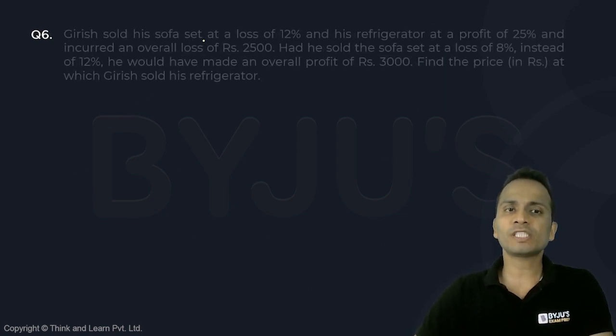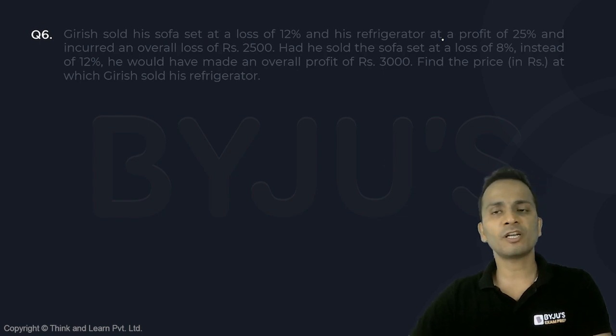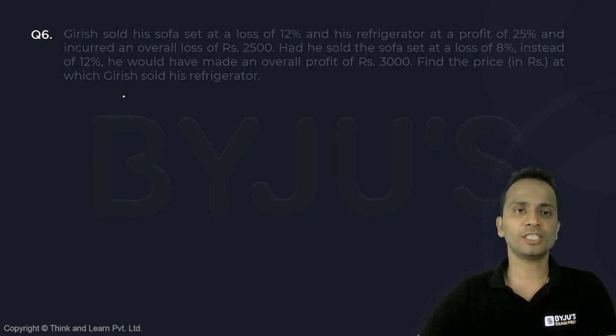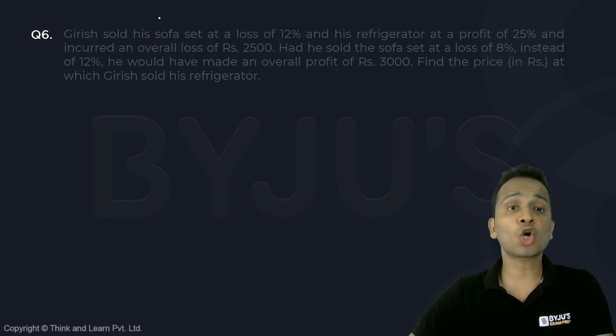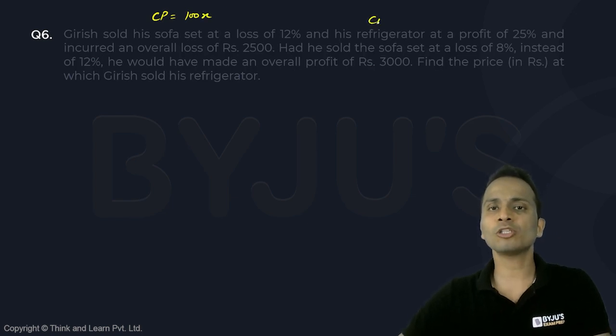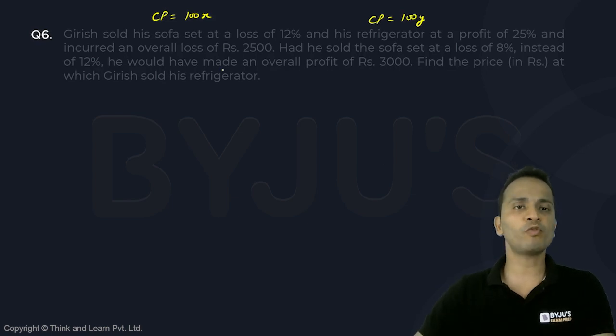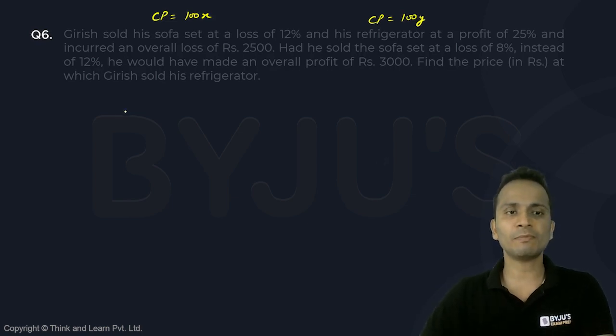Now, Girish sold a sofa set at a loss of 12% and a refrigerator at a profit of 25%. So I'll start by assuming the cost price of the sofa set as 100x, and the cost price of the refrigerator as 100y. So a loss of 12% on the sofa means minus 12x.